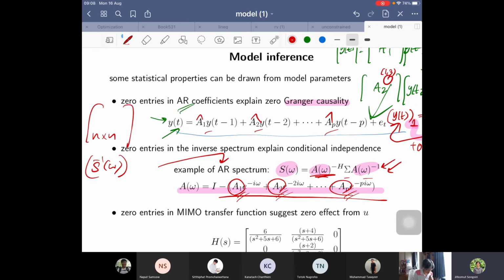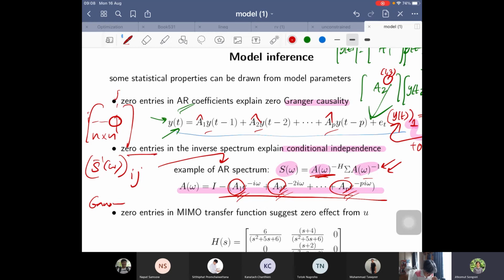So in statistics, if you take the inverse of the spectrum and look at the ij element, if it happens to be 0, it signifies the conditional independence property. Let me mention that this is under the Gaussian assumption as well, which means I need to also assume that your stochastic process has a Gaussian distribution.